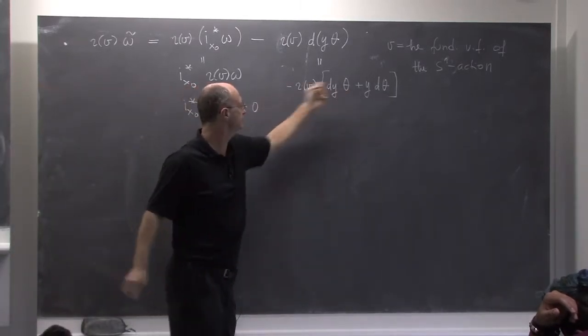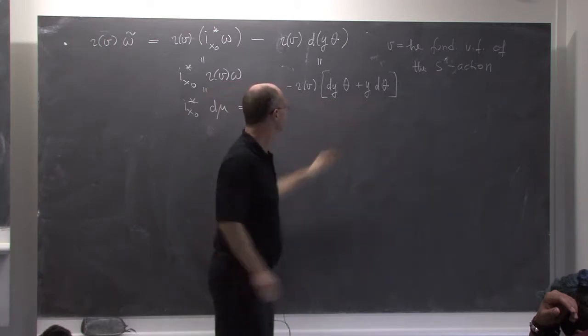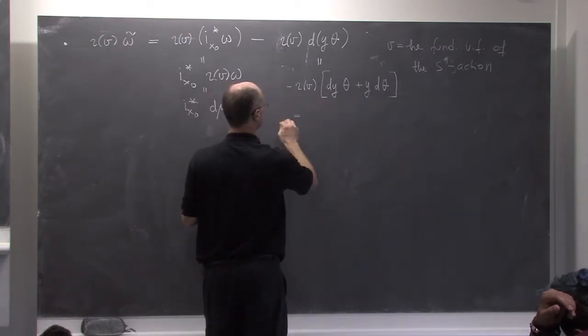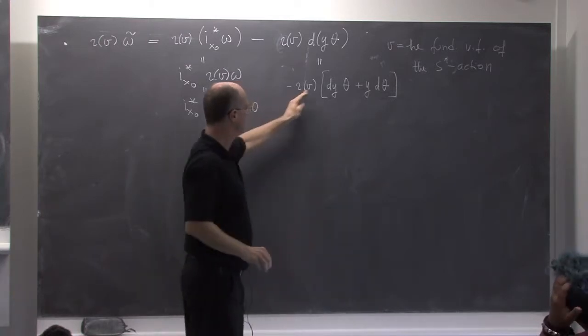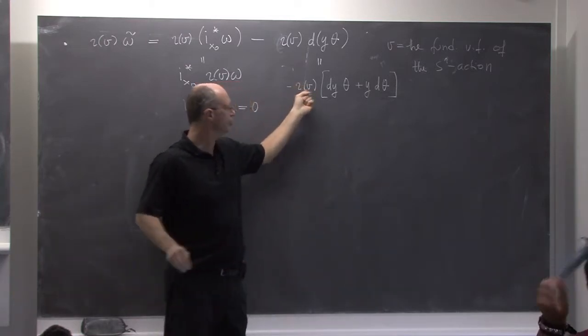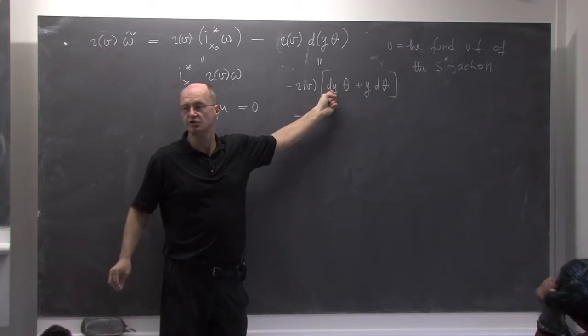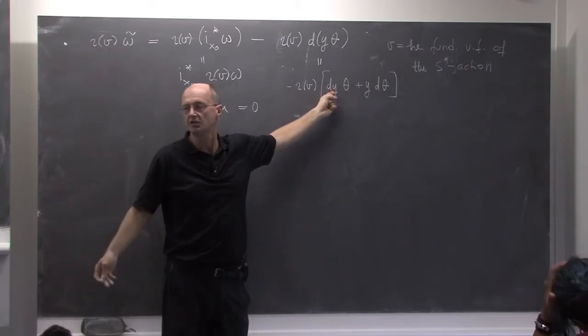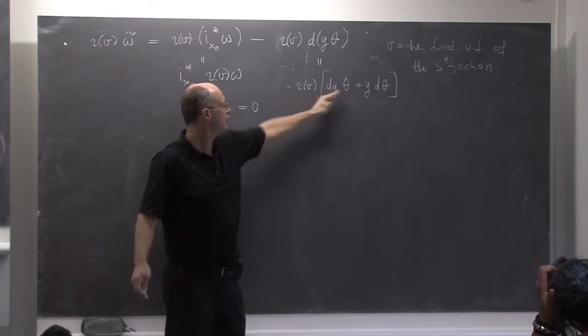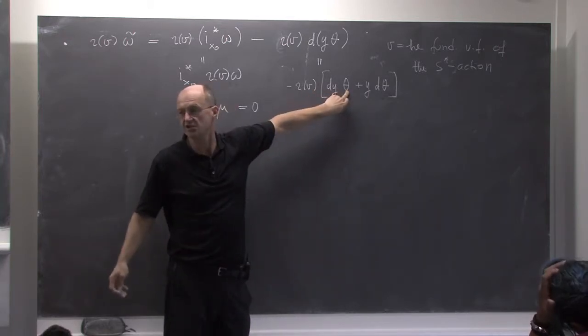Now what would it be? Iota v acting on dy. So the S1 action doesn't touch y, so that's 0. Now acting on theta, it gets 1. It will give us 1.